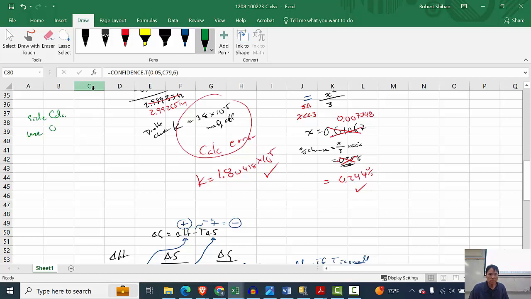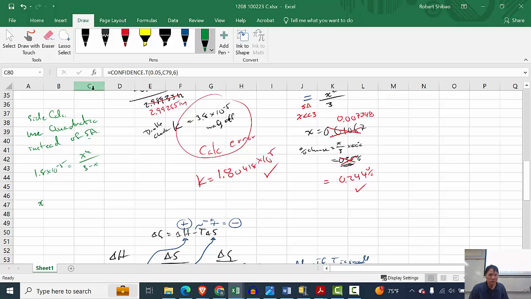So I'm going to use the quadratic instead of the simplifying assumption. So I'm going to get 1.8 times 10 to the minus 5 is equal to x squared over 3 minus x.